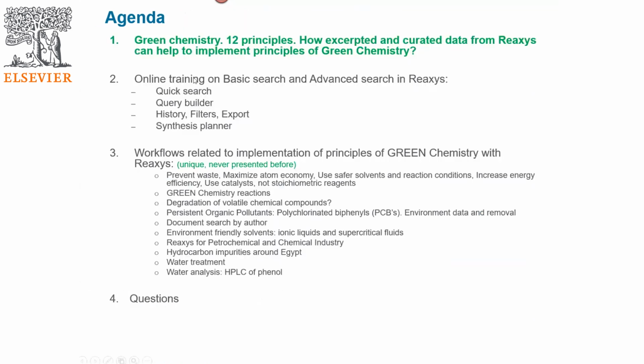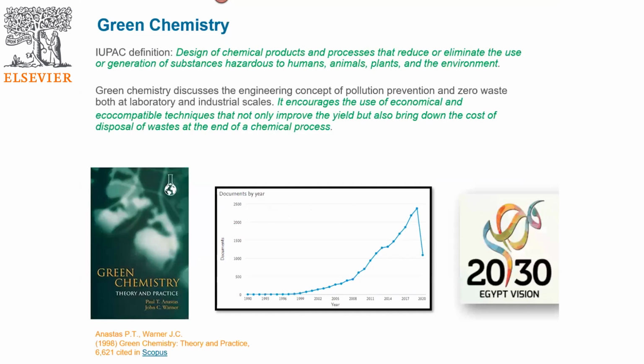Today we will start with the 12 principles of green chemistry and how green chemistry is connected to Reaxys. By the IUPAC definition, green chemistry is the design of chemical products and processes that reduce or eliminate the use or generation of substances hazardous to humans, animals, plants, and the environment.